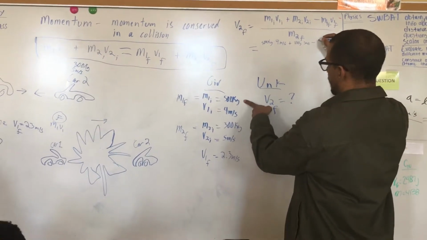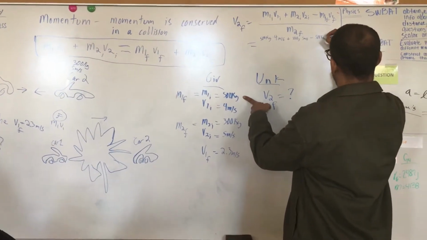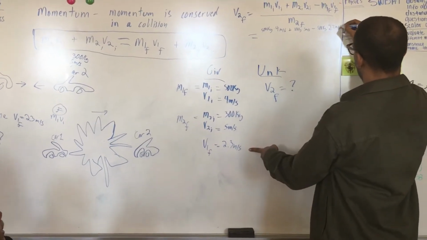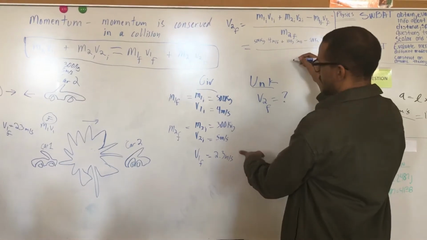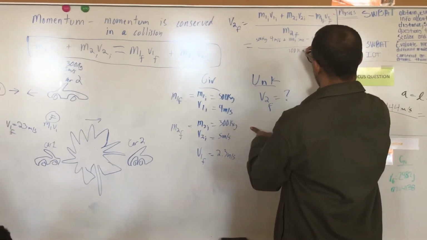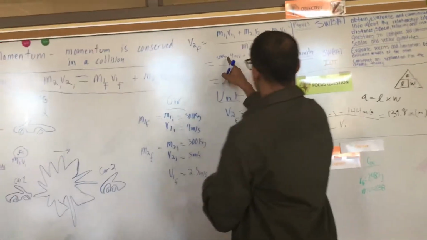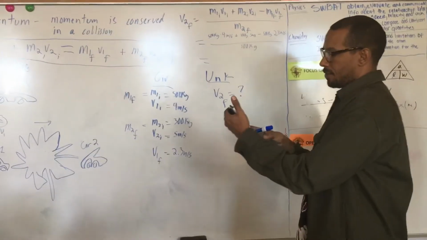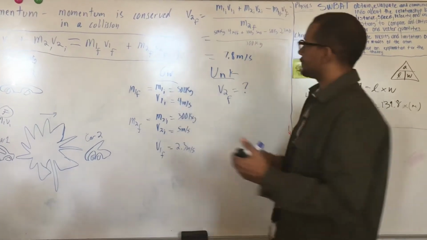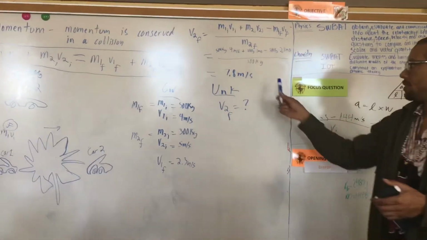So M1 final is 500 kilograms times V1 final 2.3. And then we divide that all by the second mass, mass 2 final, which is 300 kilograms. And then when we do all of that, when we do this math, we're going to get 7.8 meters per second. And then that'll be your final answer.